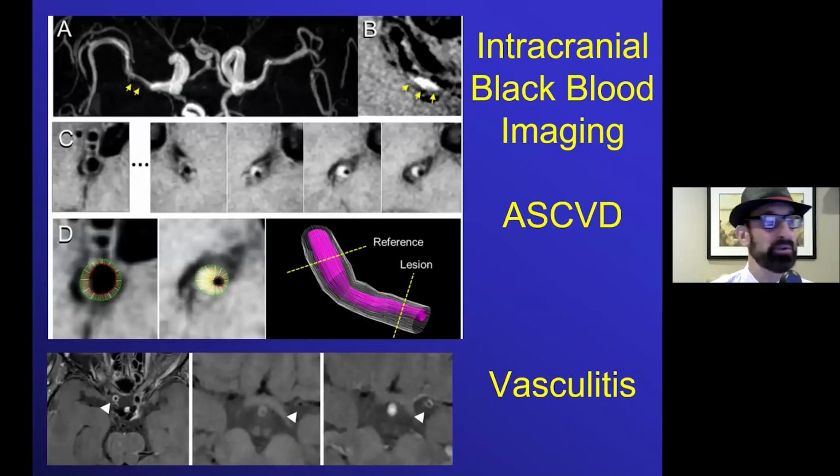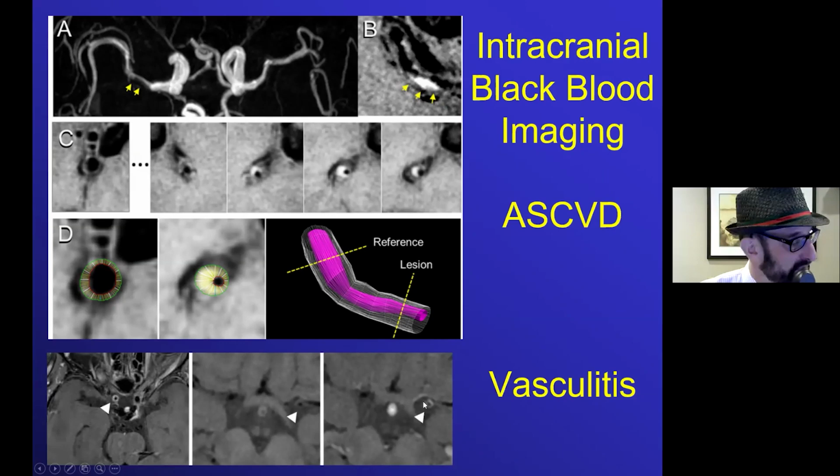I'm going to get back to intracranial black blood imaging for vasculitides, but I do want to emphasize what Bruce taught us all, and that is that remember that the atherosclerotic disease intracranially tends to be eccentric around the blood vessel and more commonly at bifurcations, and you see the contrast enhancement here.